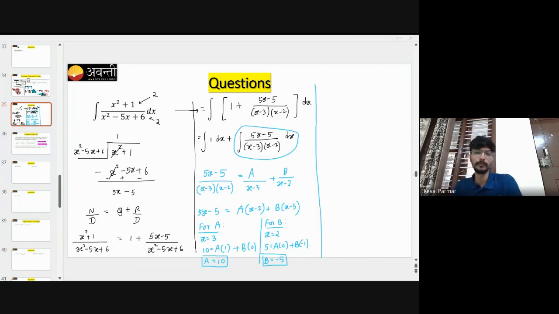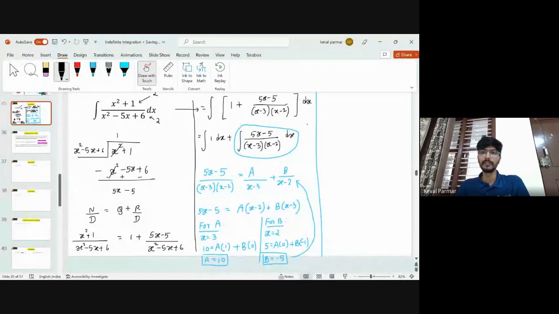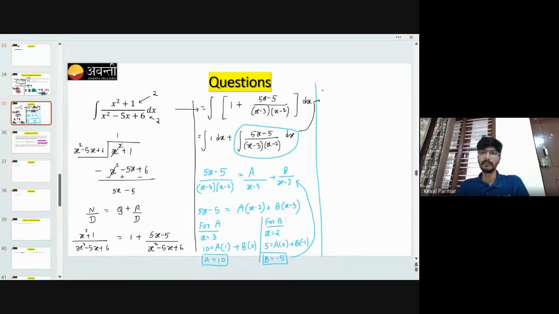Clear. Good. Super. So here I can write my integral by substituting a and b. What will my question become?